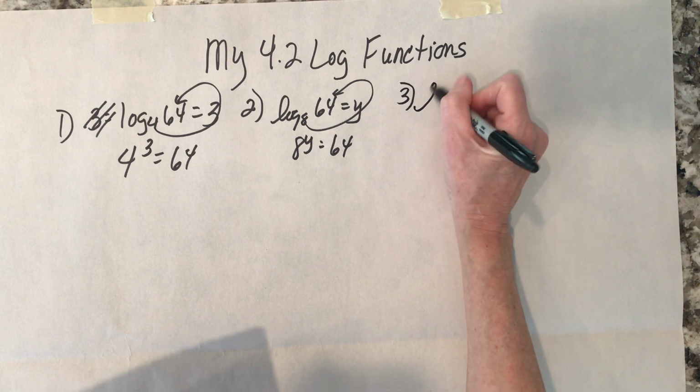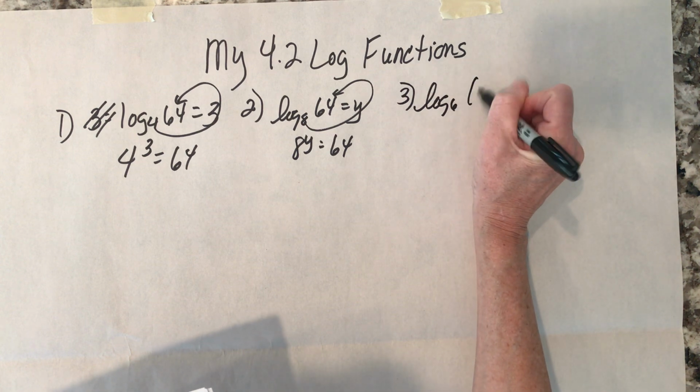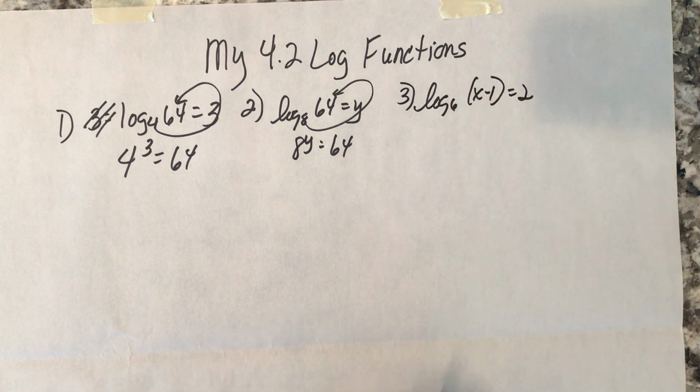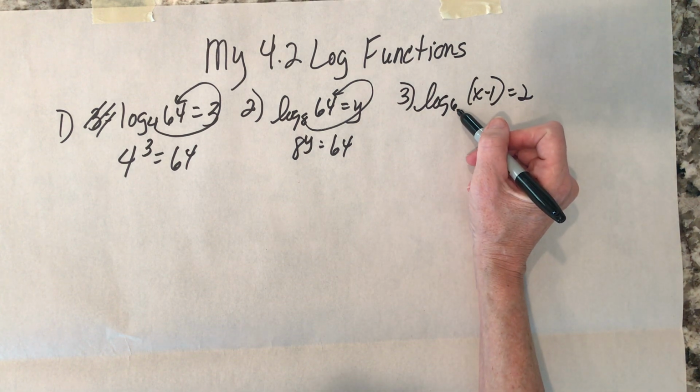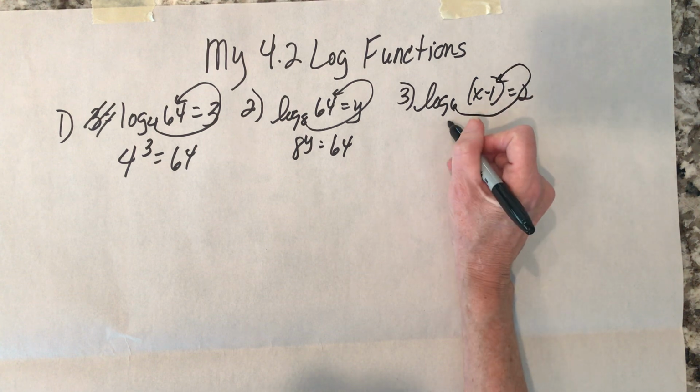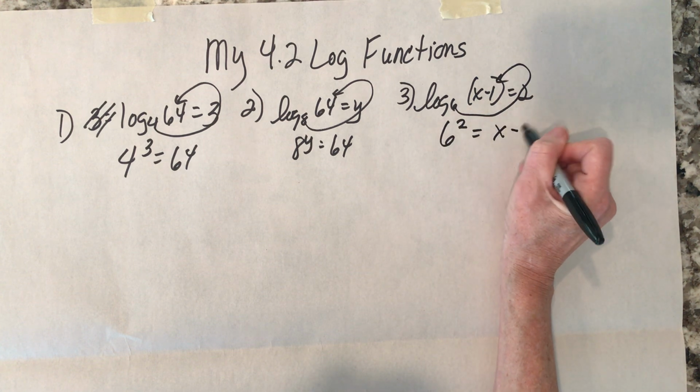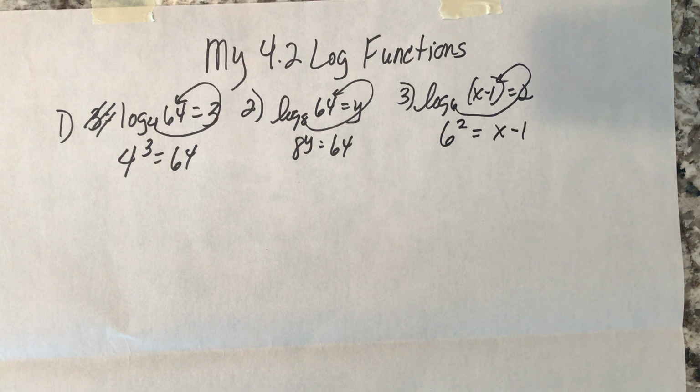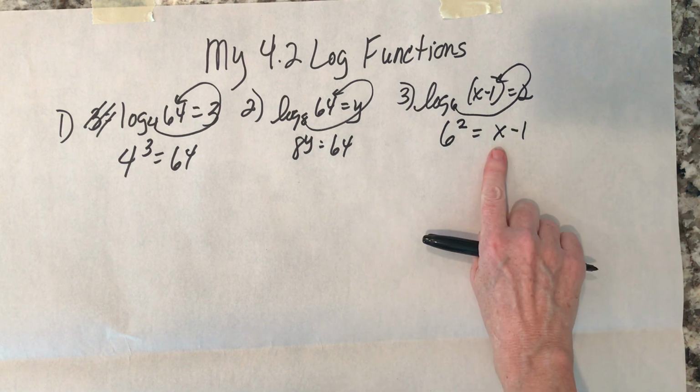Number 3, log base 6 of x minus 1 equals 2. They're going to want 2 things from you here. The first thing that they want from my math lab is for you to rewrite it. So we've got a circle happening: 6 squared equals x minus 1. That's what they want from you first. Then they want you to go ahead and solve for x on this one.